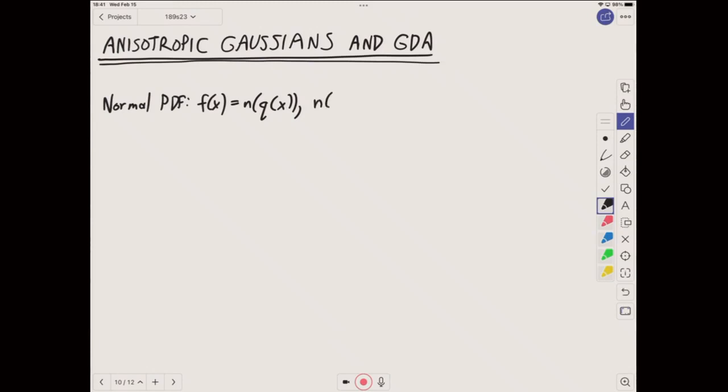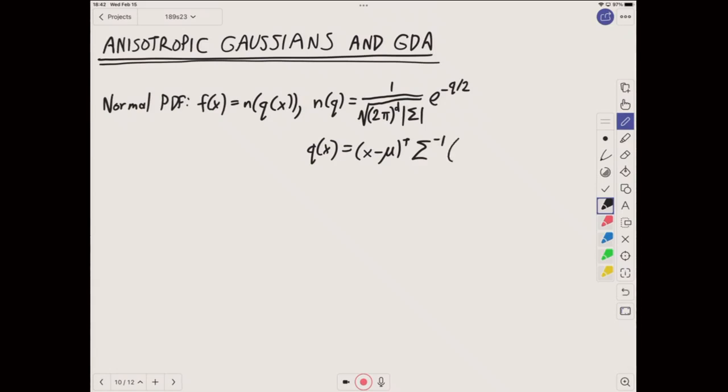The first function, which we'll call n, is a function that maps a scalar to another scalar, and it's a monotonically decreasing function. And the second function, the q function, is purely quadratic in x. This one takes a vector and maps it down to a scalar.